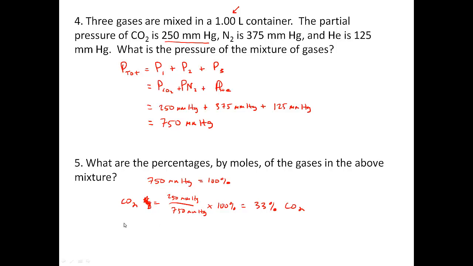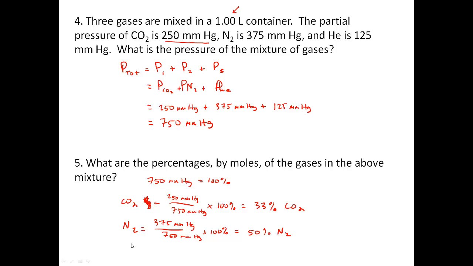Next one, for nitrogen, 375 millimeters of mercury over the total 750, multiply that by 100%. 375 is half of 750, so we're talking 50% nitrogen.